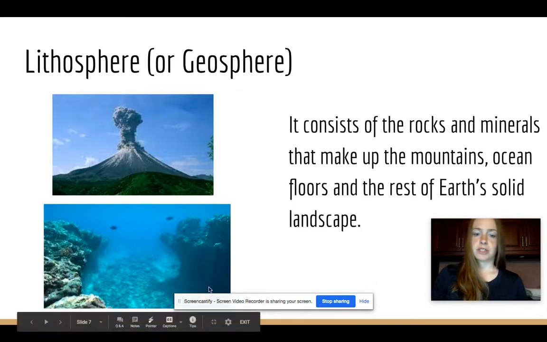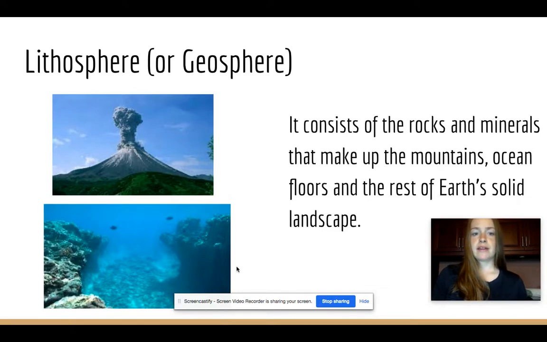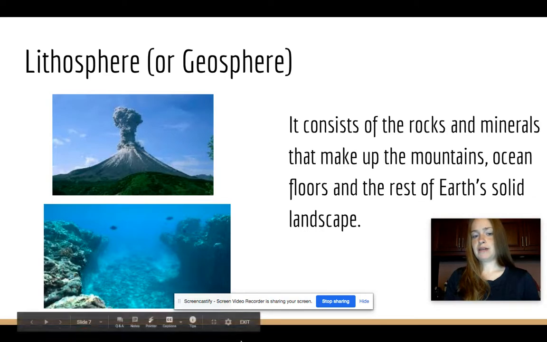Here we have a picture of the ocean floor. Again, we don't count the water, just really the rocky parts of the Earth. And we have the volcano here as well. It's also not just things that we see. Like we said, it's up to 150 kilometers in thickness, so it does go deep down into the Earth for quite a long time as well.